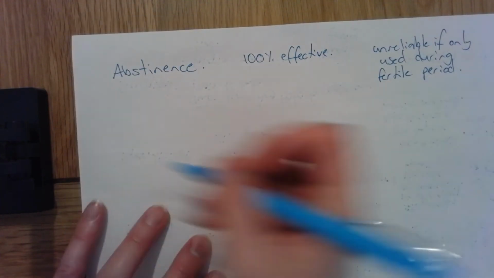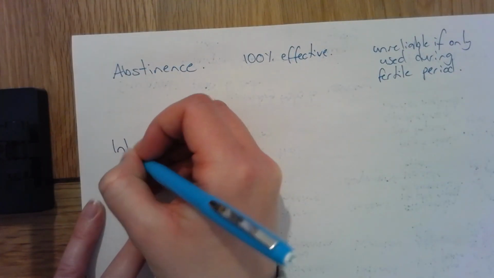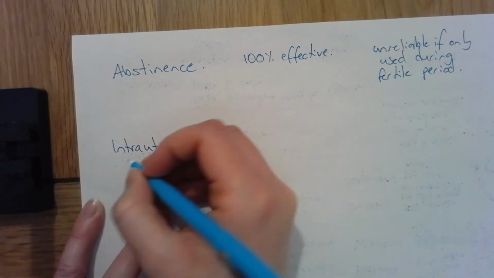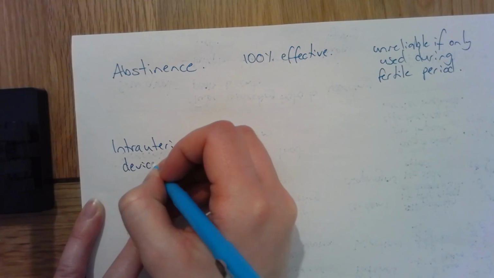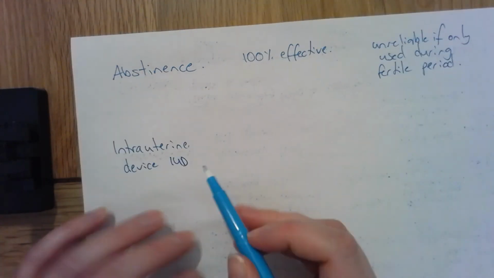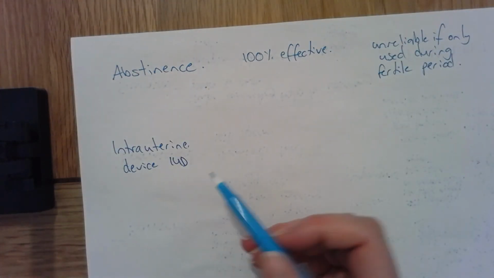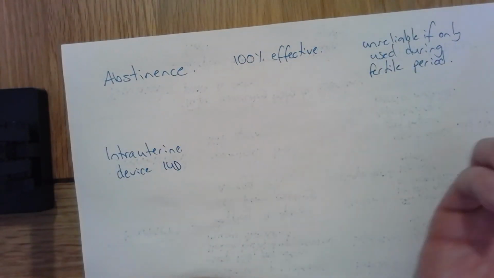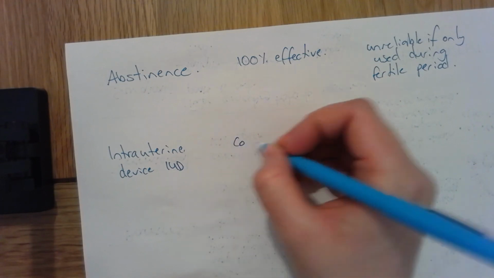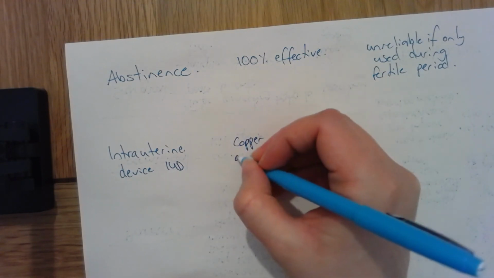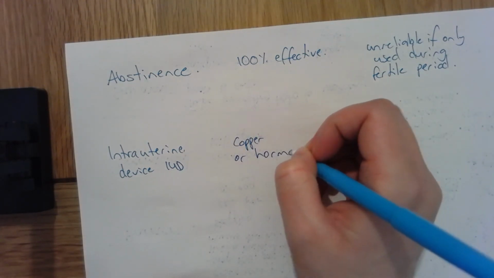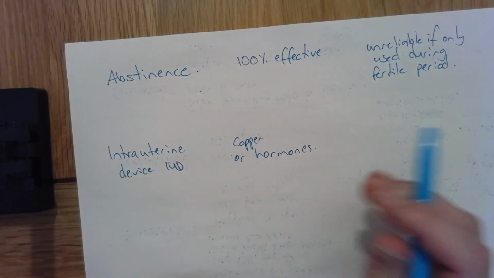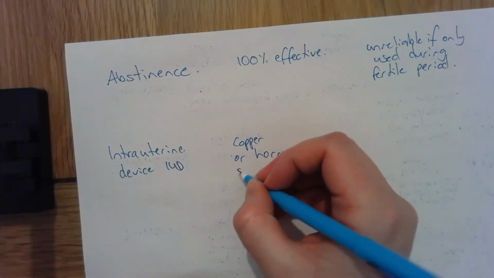And then finally, the last method is called an intrauterine device, or an IUD. And so this is a small device that sits inside the uterus, and it contains either copper or hormones that prevent pregnancy, and basically they stop a fertilized egg being able to implant.